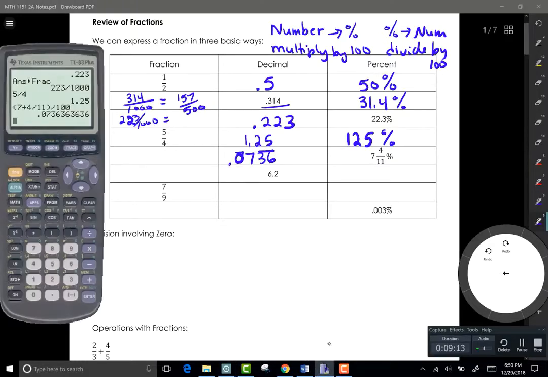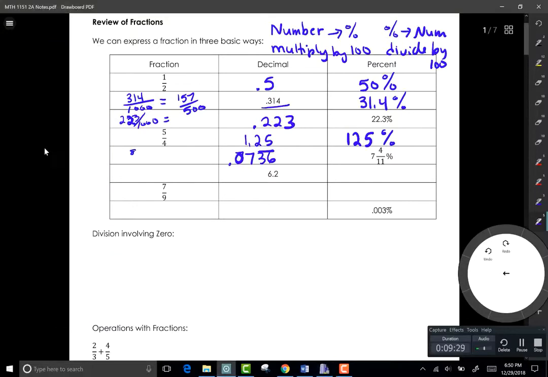Okay, now to change that into a fraction, I just go ahead and tell the calculator, I want to go to math and to fraction and tell the calculator to put that back in fraction form. So that's 81 over 1100.